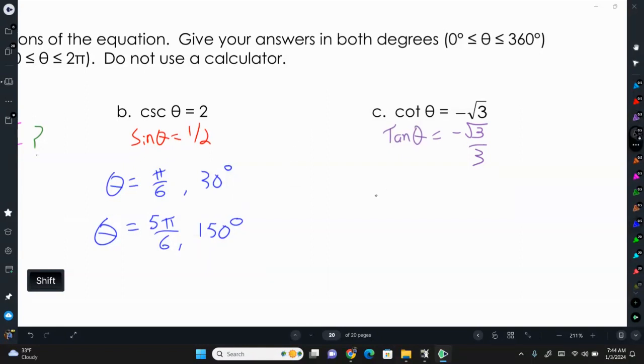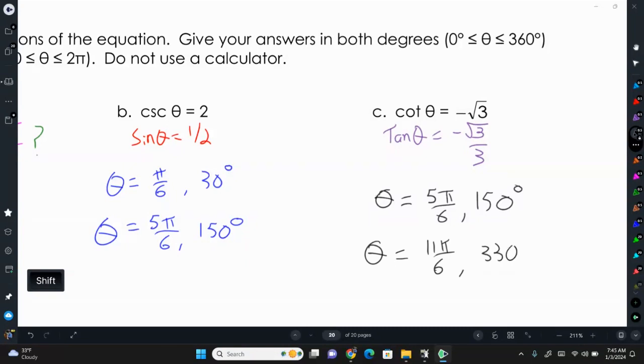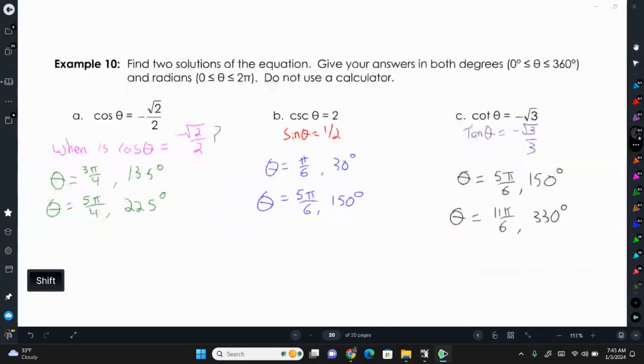So that means theta would have to equal 5 pi over 6, or 150 degrees, because if tangent's negative, that means we are in quadrants 2 or 4. And then the other solution would be 11 pi over 6, or 330 degrees. So knowing that unit circle is critical for solving these trig equations.